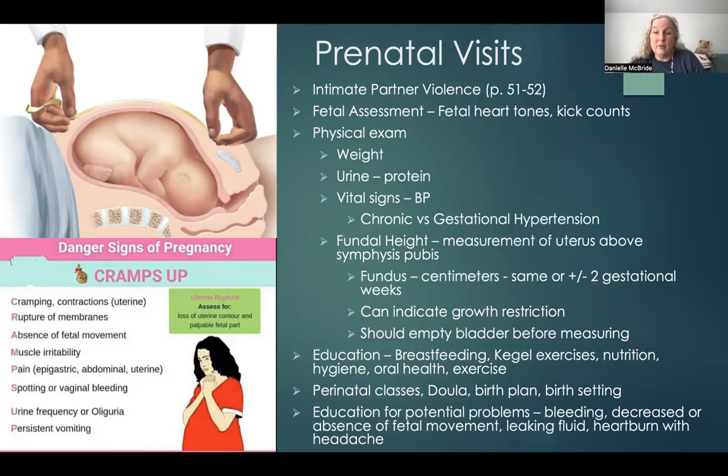If she's leaking fluid, if she has a heartburn with a headache, that can be a sign of preeclampsia. So these are all things we would be educating her to report back. Okay. If she's having urinary frequency more than normal, because pregnant ladies pee a lot, but if it's increasing, that can be a sign of UTI. So different things like that.